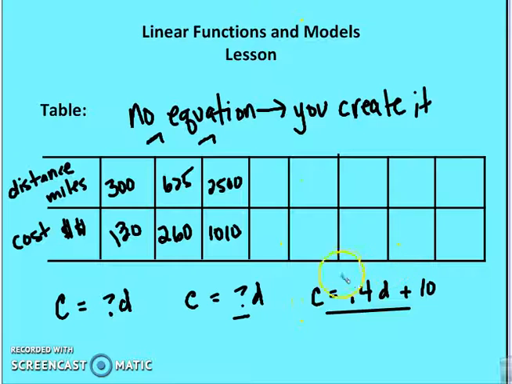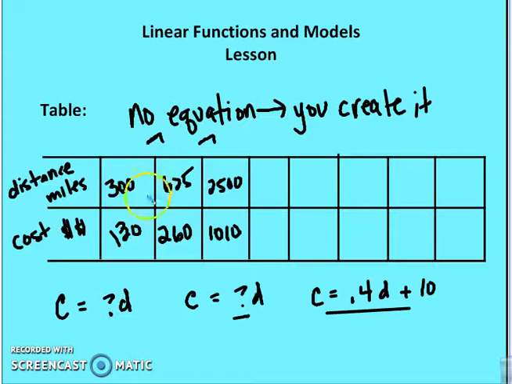All right, so you're going to see that the change in cost over distance ends up being 0.4 again. And then if you evaluate this using the point slope formula, we find the slope is 0.4, and then we use a point.